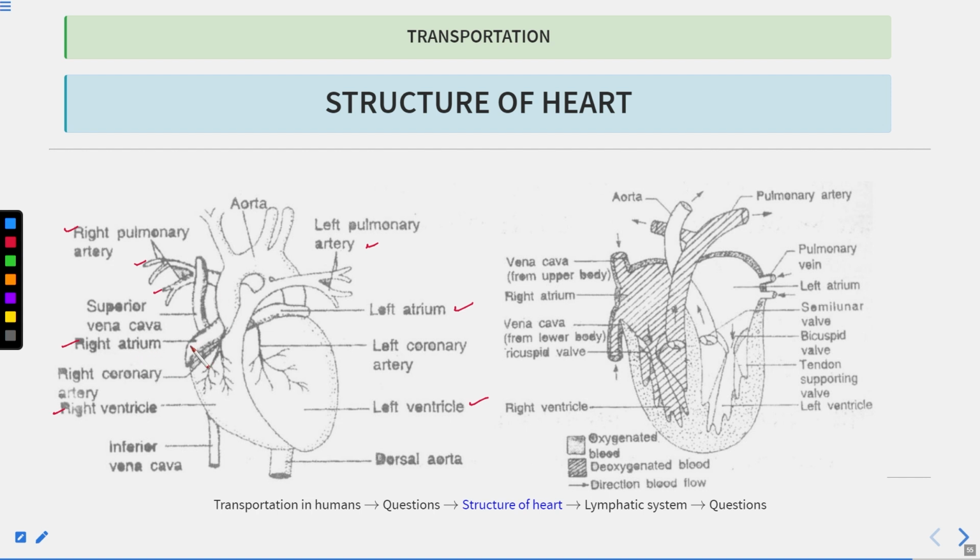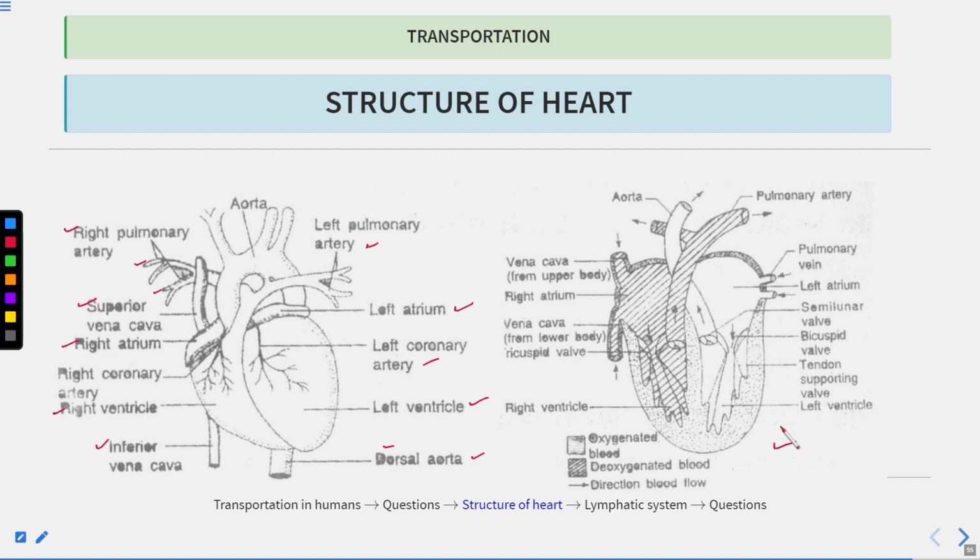Here is the right atrium. Here are the superior and inferior vena cava; the superior carries the blood from the upper body parts, and the inferior vena cava carries the deoxygenated blood from the lower body parts. Here is the aorta. We have talked about the dorsal aorta also, which carries the oxygenated blood. Then the coronary artery also carries the oxygenated blood.